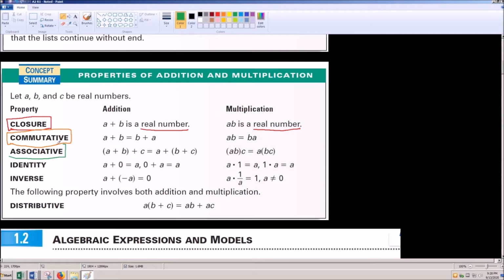Our associative property. So for our associative property, it's basically saying, can I do a couple of the things first, as we denote with parentheses, and then do the other thing? For example here, if I had 1 plus 2 plus 3, could I add the 1 and 2 together first? Yeah, absolutely. And it's going to give me the same answer as if I did 1 plus 2 plus 3 and I added the 2 and the 3 together.